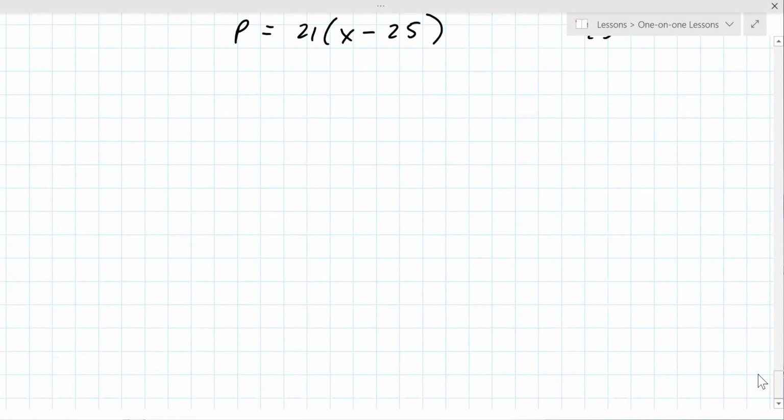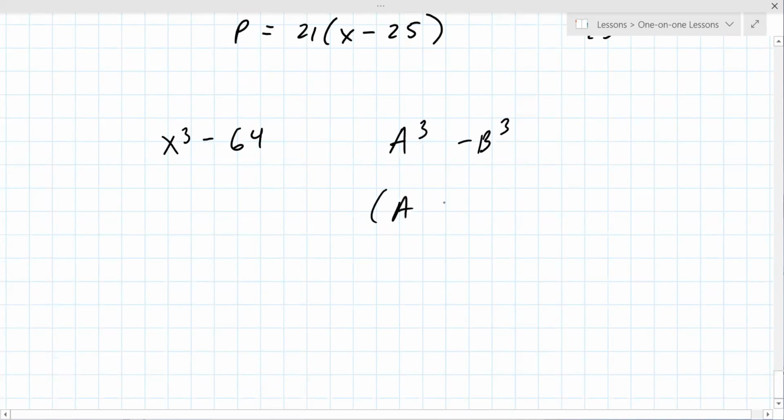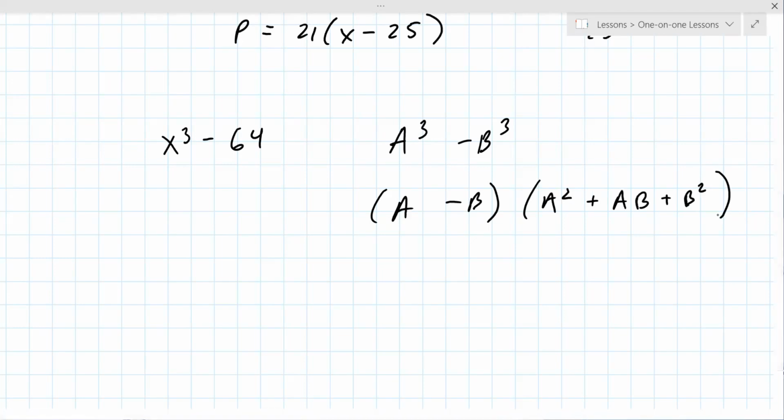How do you factor just x cubed minus 64? So this is a formula: a cubed minus b cubed is a minus b times a squared plus ab plus b squared. I feel like you have to know a lot of formulas and stuff for this test.